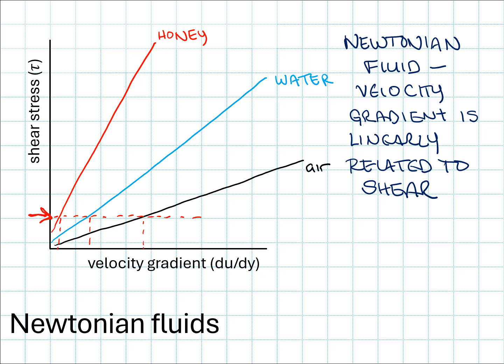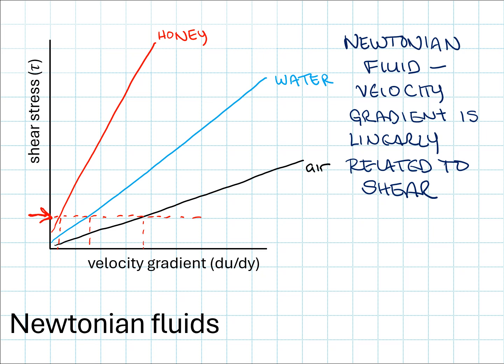So all three of my Newtonian fluids, air, water, and honey, have the same linear relationship, but the slopes of these three lines are quite different. The slope of the line defining the relationship between velocity gradient and shear stress of honey is much steeper than that of water, which is steeper than that of air.